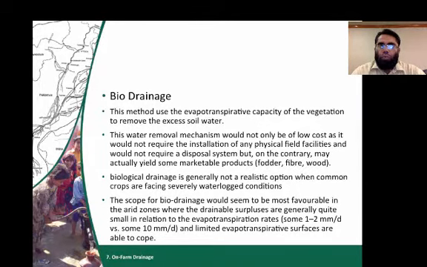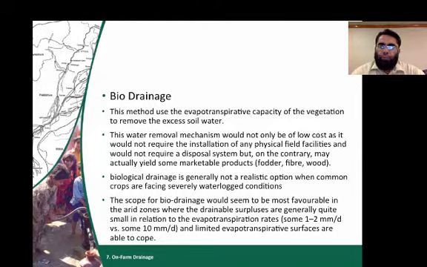And this water removal mechanism is not only low cost, because it does not require installation of physical field facilities, and it does not require any disposal system. There's a benefit of this method also that it may actually yield some marketable products such as fodder, fiber, and food.